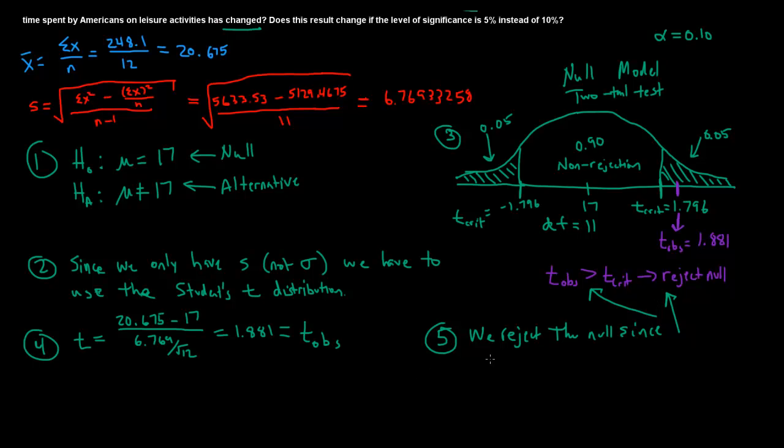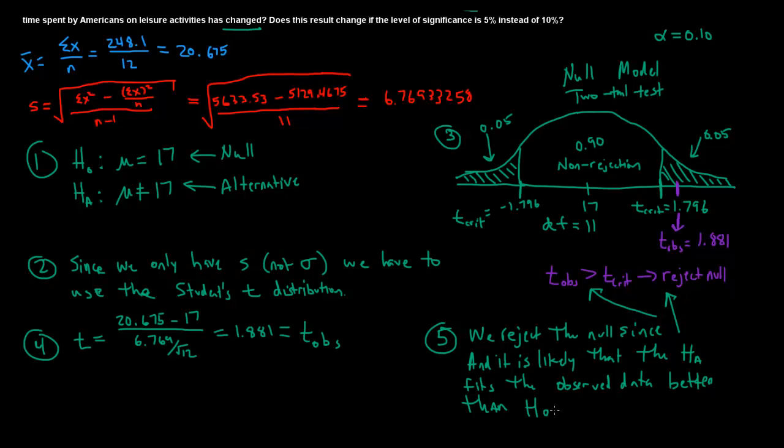So we reject the null, and it is likely that the alternative hypothesis fits the observed data better than the null hypothesis.